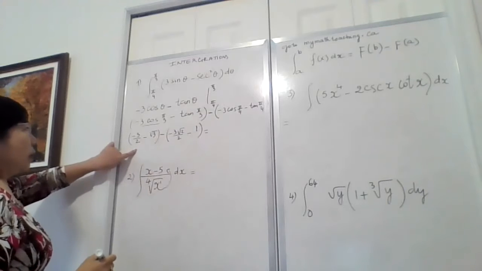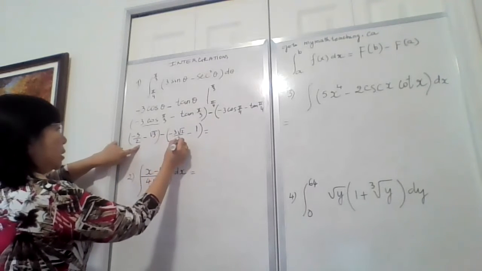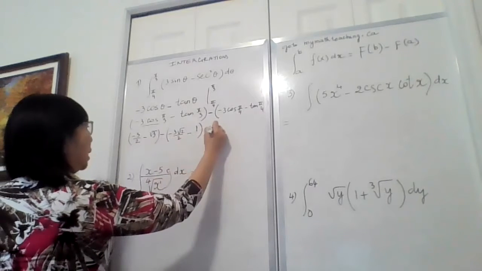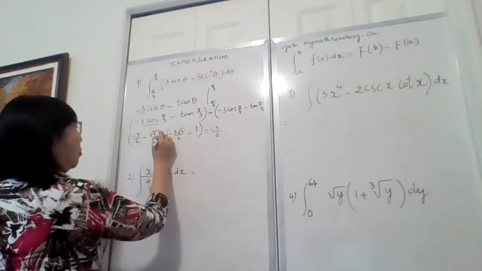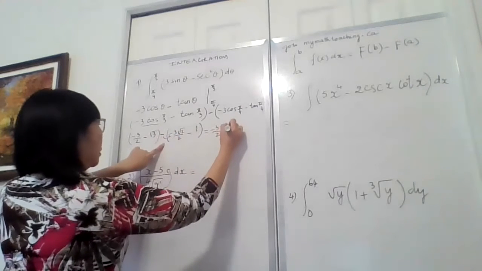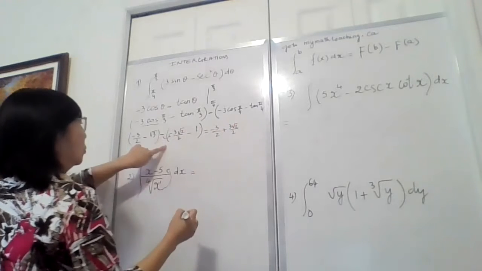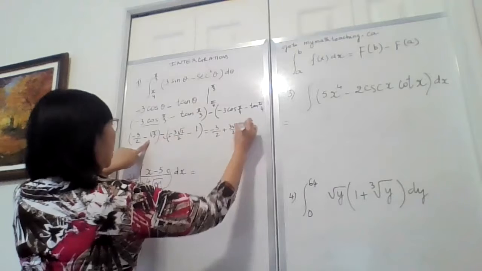When we simplify, I can put the two numbers with the same denominator together. So I will get minus 3 over 2. Minus times minus is plus, so this number is plus 3 square root 2 over 2. And this is minus square root 3.